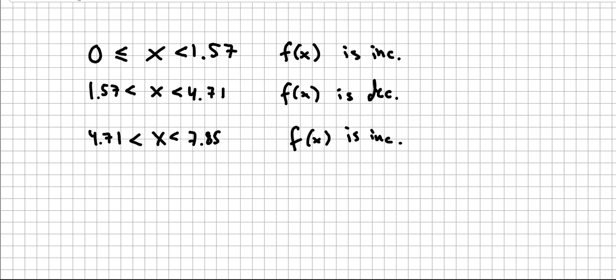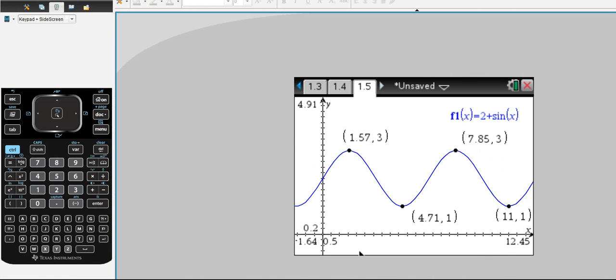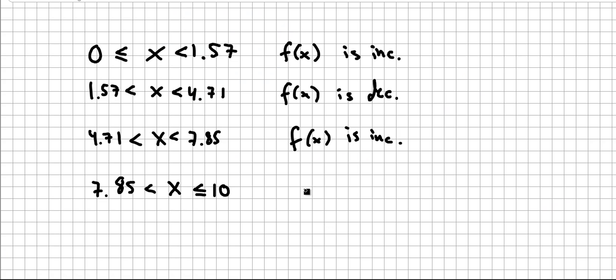So from 7.85, we're not going to include 7.85, and then until 10, and we're going to include 10 because it's still falling, still decreasing when x is equal to 10. So the function f of x is decreasing.